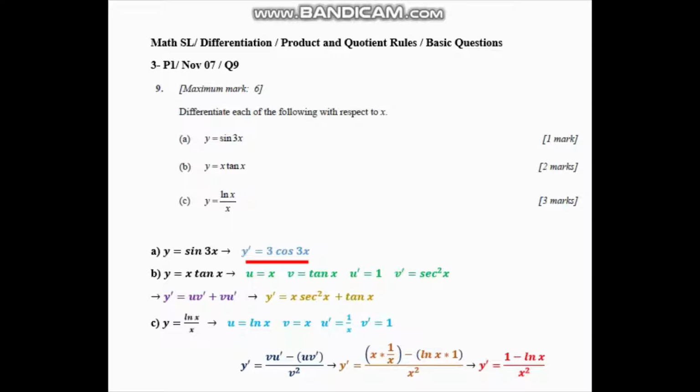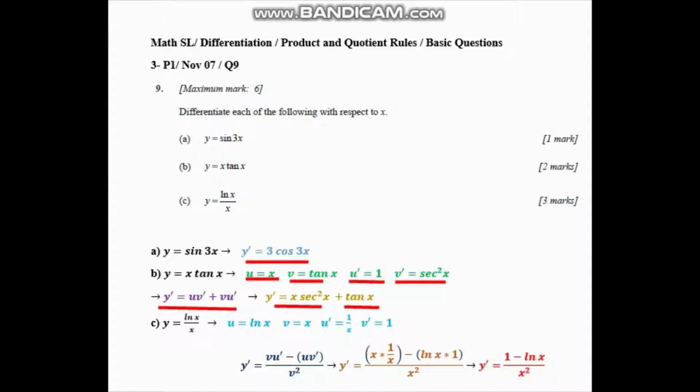So you have your u, your v, and their derivatives, u dash and v dash. And then you write down your product rule and you substitute. So your answer becomes x sec squared x, which is uv dash, plus tan x times 1, which is vu dash. So this is pretty simple.